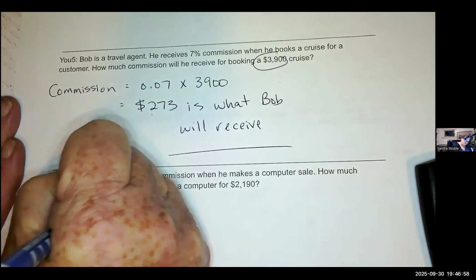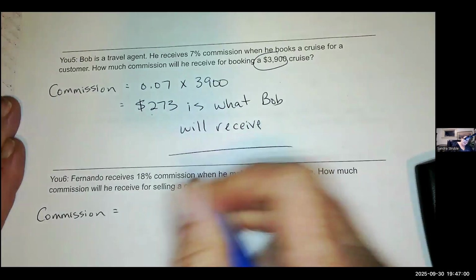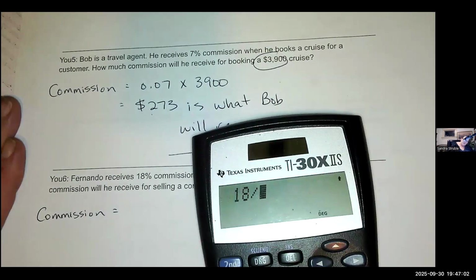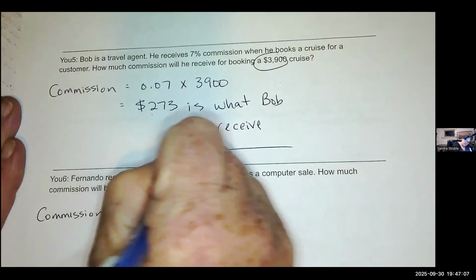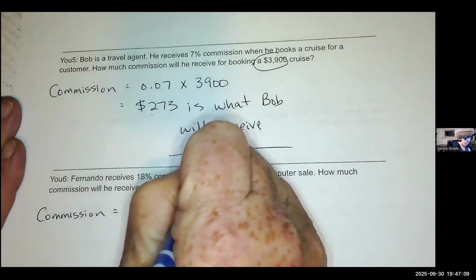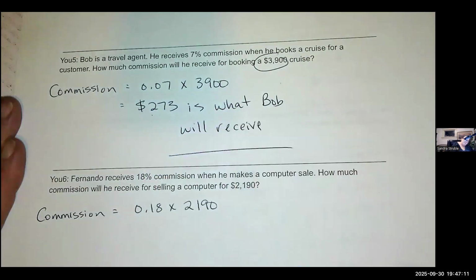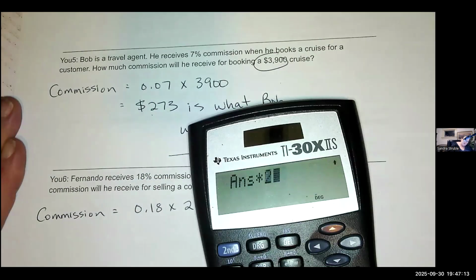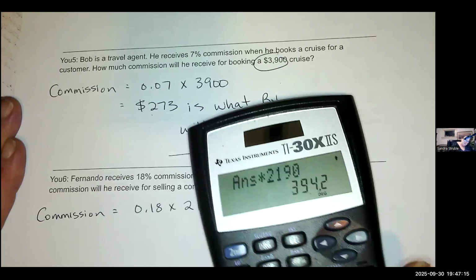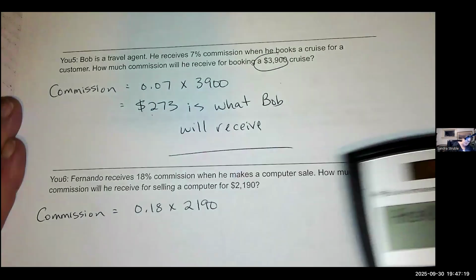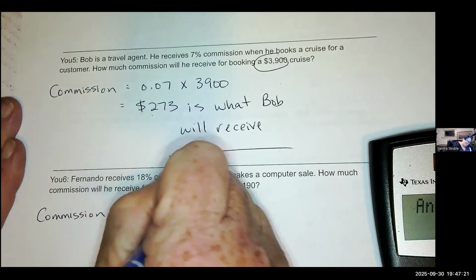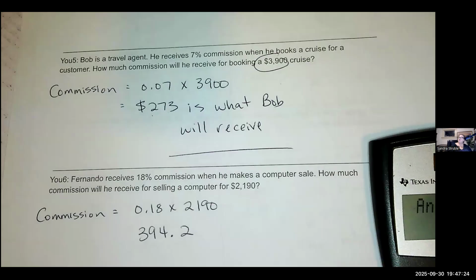Commission is the percent, 18 divided by 100, because you've got to make it a decimal, 0.18, times the sales of $2,190. So times 2,190 equals. And I got $394.20. Actually, I got 394.2.